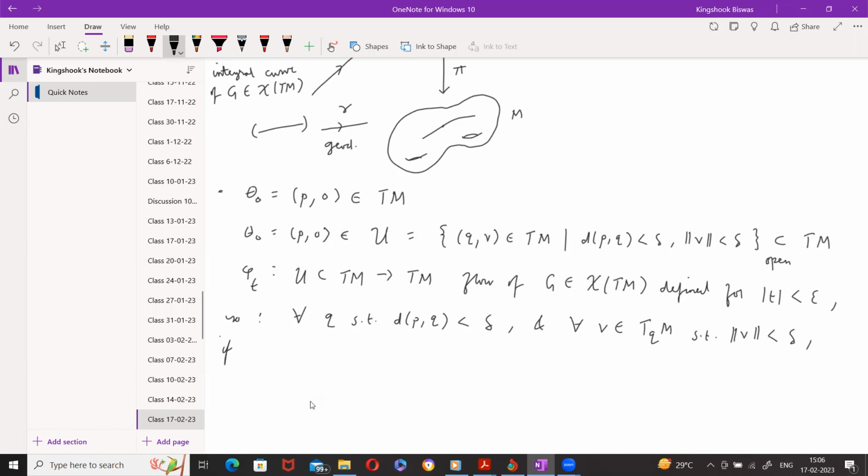If theta is equal to the pair (Q, V) in TM, then the geodesic with initial conditions theta, let me call that gamma super theta, is defined on minus epsilon to epsilon, right?